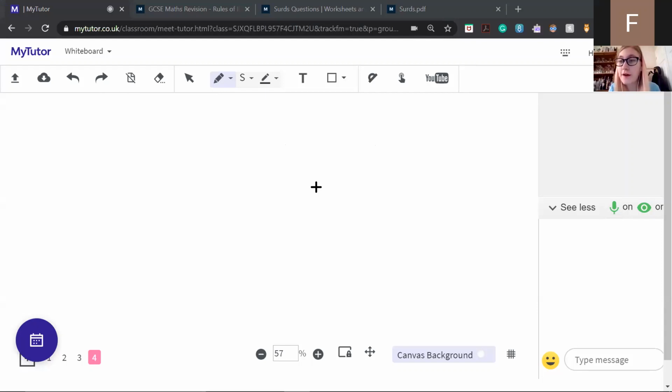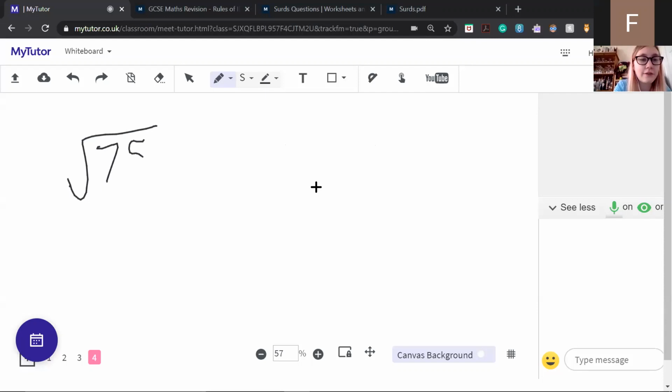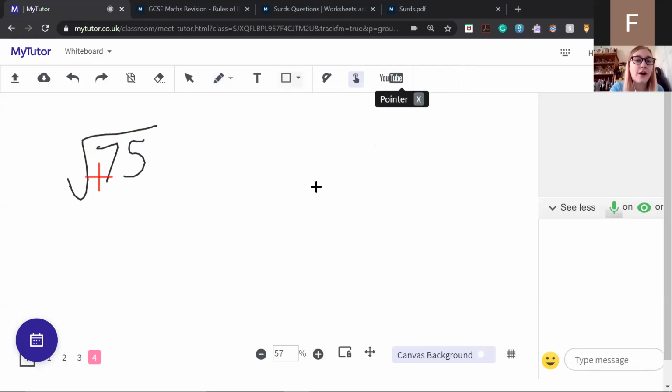So the first type, and I guess the most simple type, is just simplifying a root. So let's say we had something like root 75. We can write this in a much simpler form. The trick is that we're going to try to work out what multiplies to make 75, where one of the two things is a square.